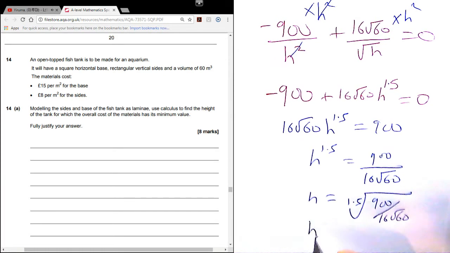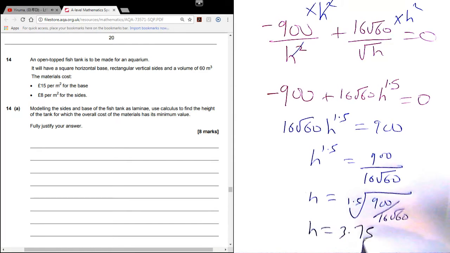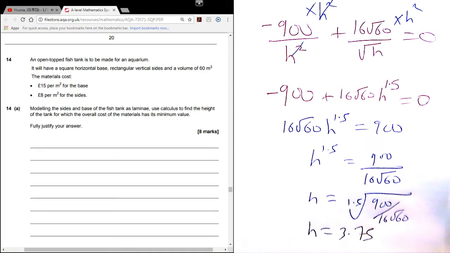So h is 3.75. Now, with h being 3.75, and that's the only answer, we could check to see if this could have been a minimum point or a maximum point, and that's only obtained when you do the second derivative.